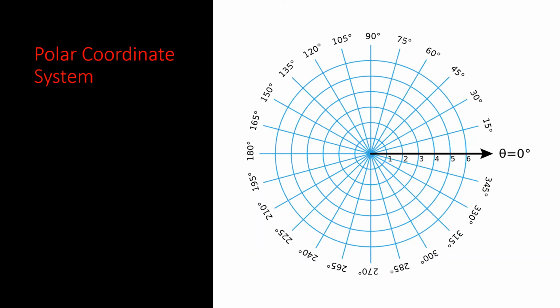Now with the polar coordinate system, the system is different. Notice we have circles, and these circles have certain radii, and we have angles. Now the axis on the origin is called the polar axis.